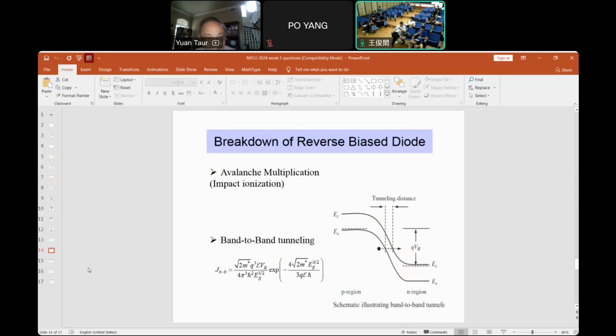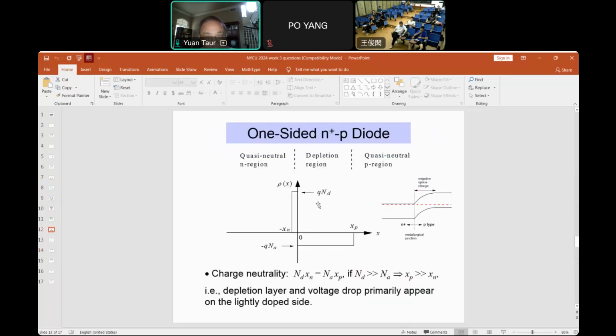Okay, let me add one more point. Most of the applications actually use a one-sided junction in the transistor. Either N plus P, like N-channel MOSFET or bipolar, or P plus N in the PMOS, PMOSFET.